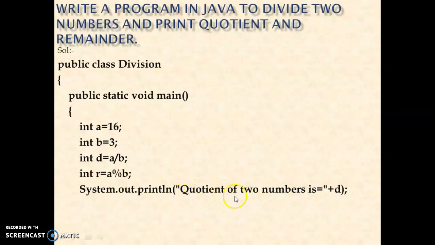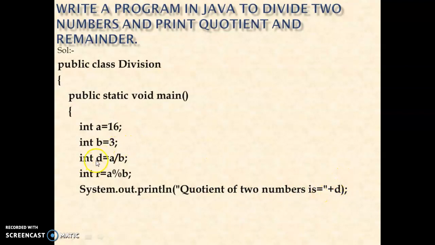I am writing quotient of two numbers is equal to, then you close your quote, then always give plus sign. This plus sign is to concatenate or join your message with your output.